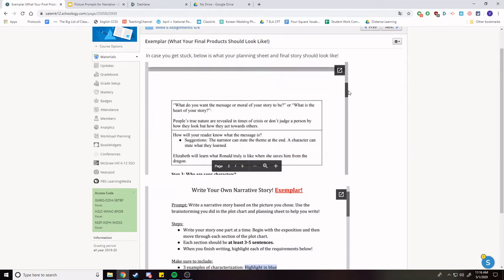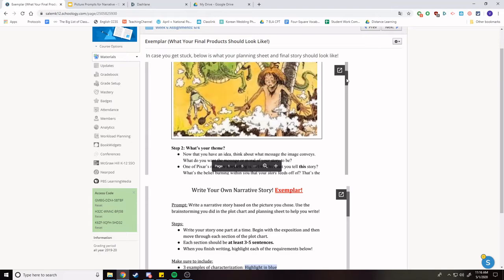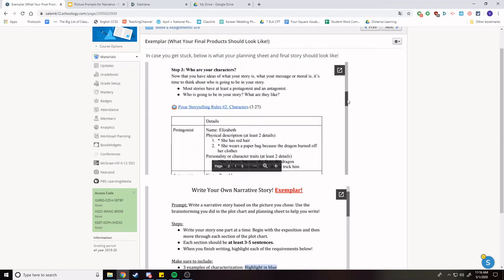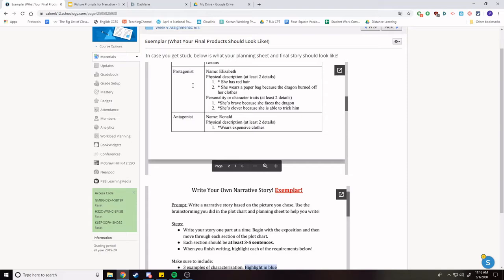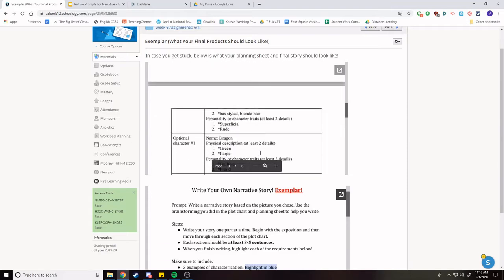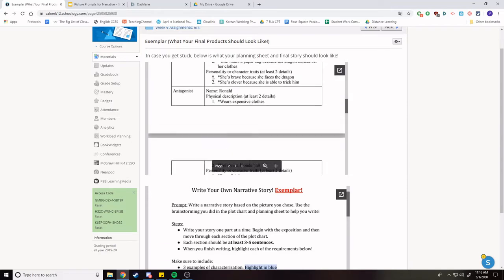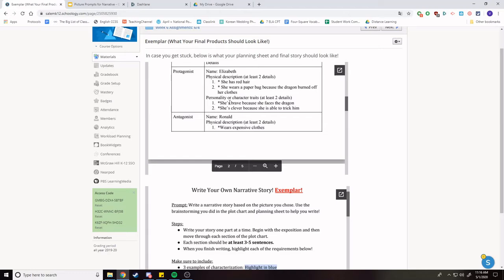But if you scroll through it, you'll see that I filled out what the theme of that story is. I filled out who my characters were, so Elizabeth, Ronald, and Dragon. And I also put what they look like a little bit, but then also what their personality or character traits are going to be.